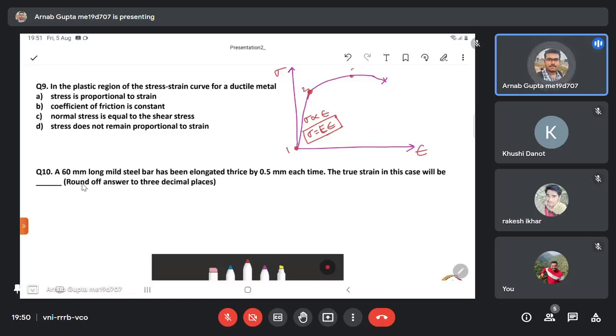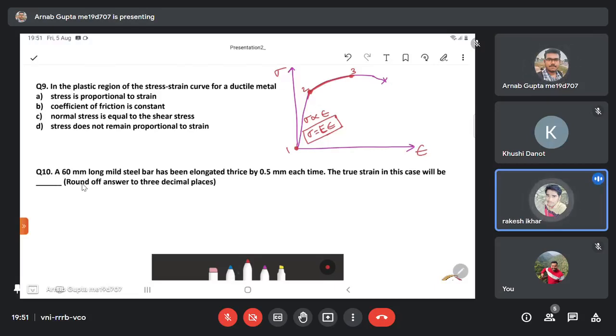From 2 to 3, what is the expression that we write? So this is the plastic region, right? Beyond this, sigma is equal to K epsilon to power n.